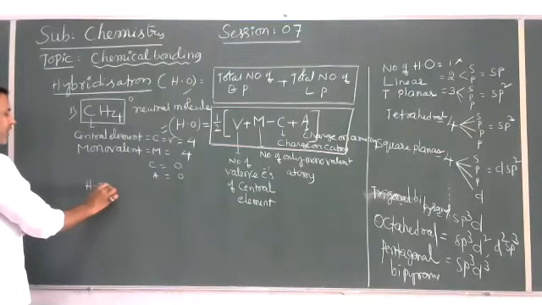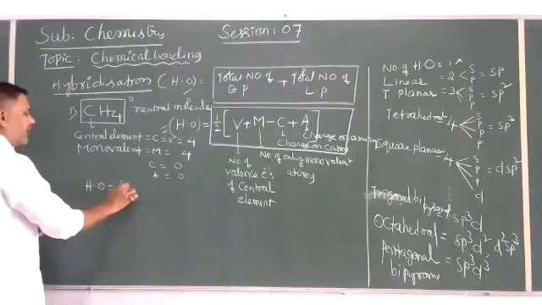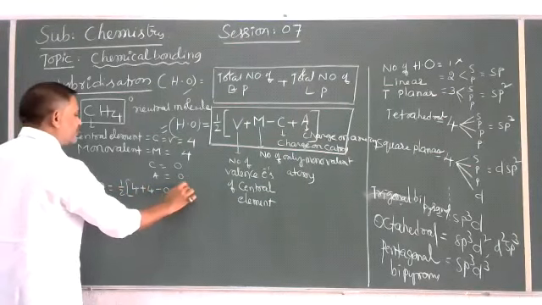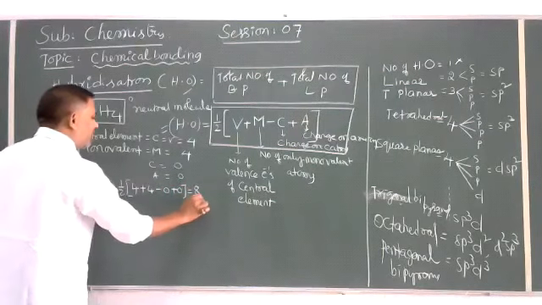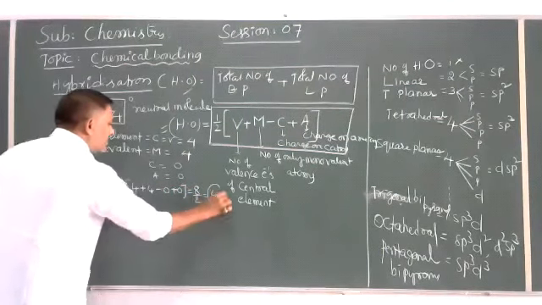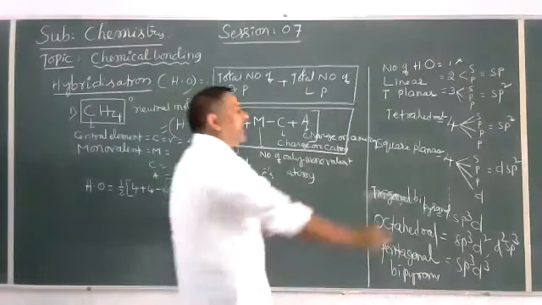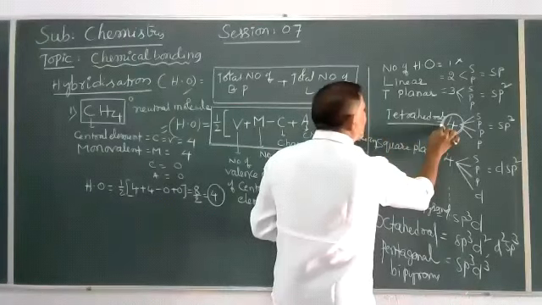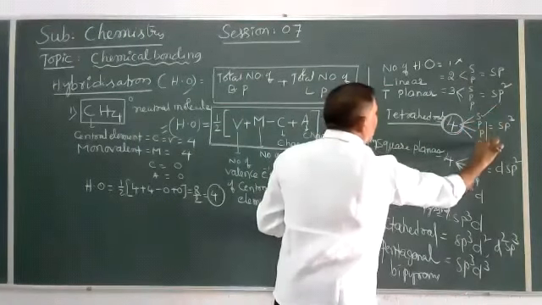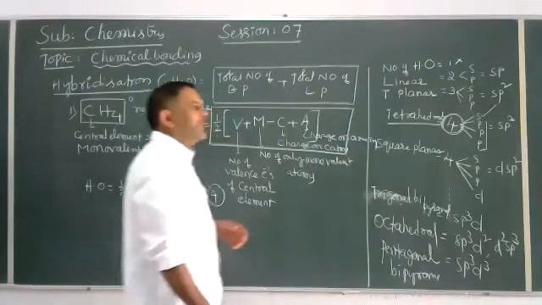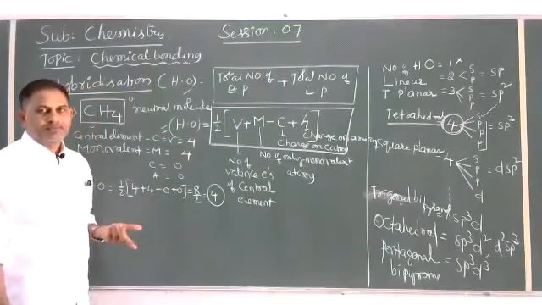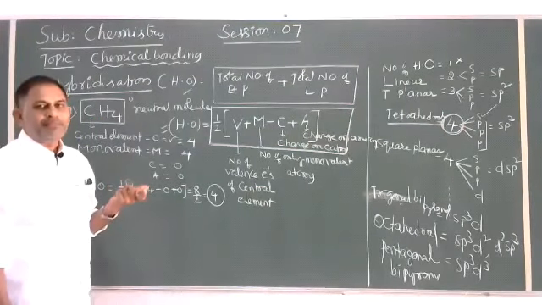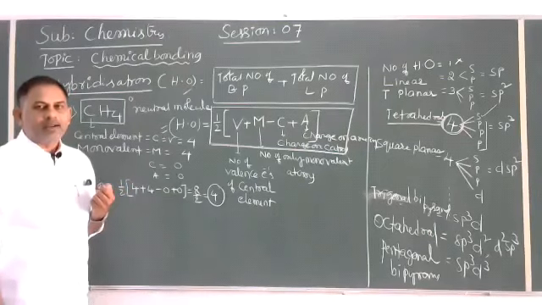We know the number of hybrid orbitals formula: 1 by 2 into 4 plus 4 minus 0 plus 0, equals 8 by 2, that is 4. So the number of hybrid orbitals is 4. Four means one s orbital and the remaining 3 are p orbitals. It is sp3 hybridization. Without a lone pair, if it is sp3, its geometry is tetrahedral.